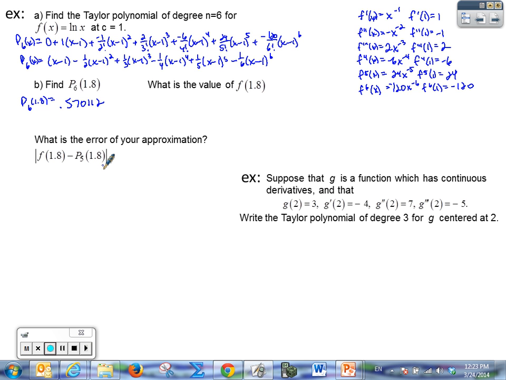Then the actual value, we would get our calculator and put 1.8 into natural log. So f of 1.8 is natural log of 1.8, which is 0.587786.